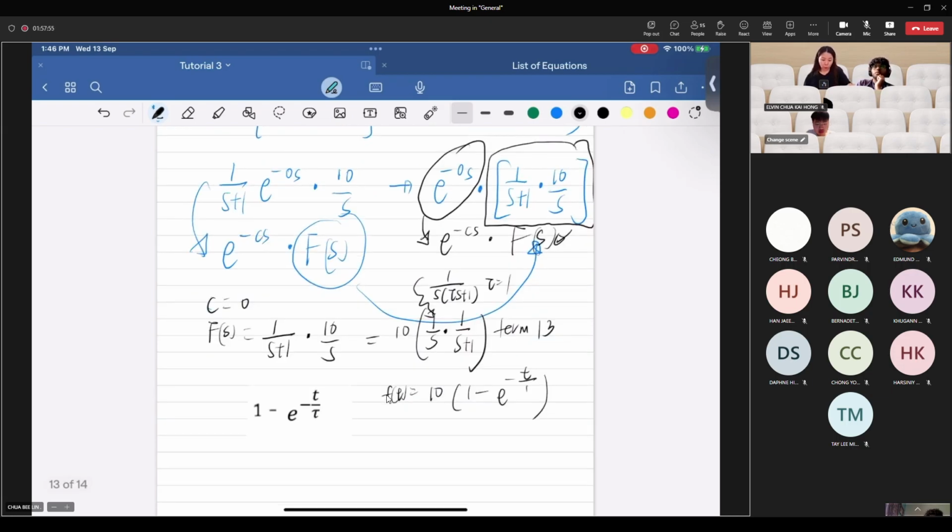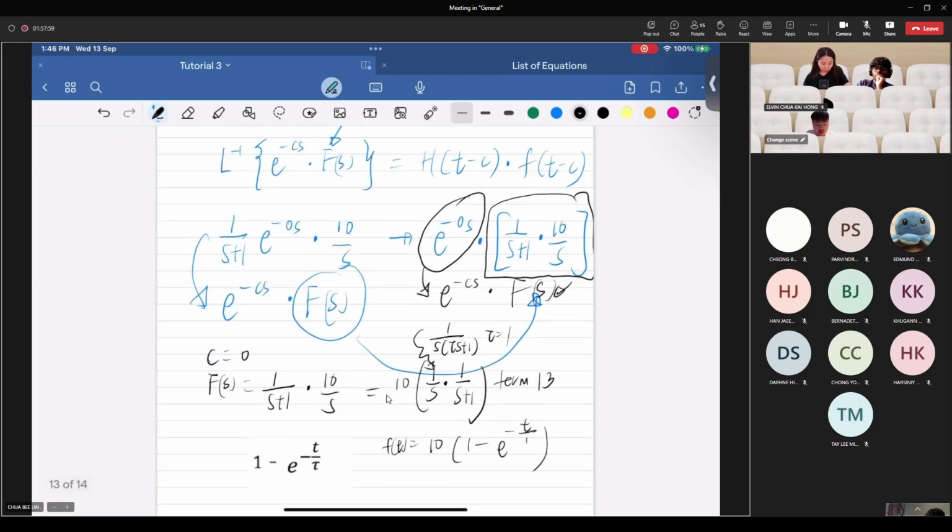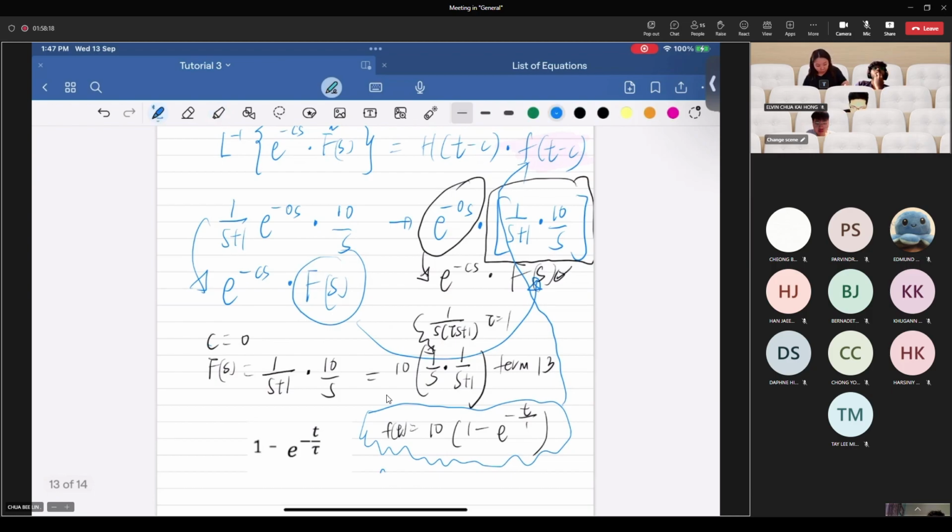Okay, so now you have to compare with its original, this one. When I draw, please follow. This one, you have to change to the pattern of this: f(t minus c), where your c is 0.